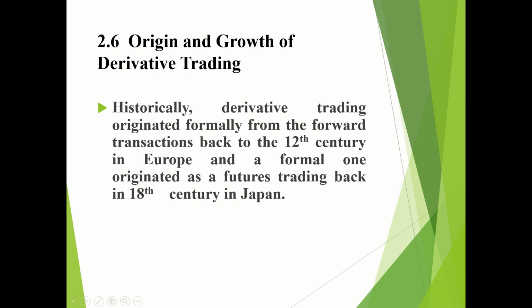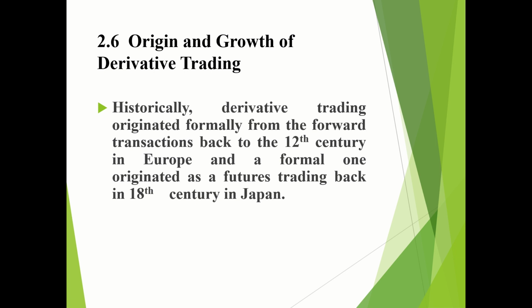And then berlaku inovasi in the derivative trading, maka inovasi ke? Evolution, alright, berlaku evolution in the derivative market trading, maka terciptalah the first futures contract which are traded in Japan, alright, rice futures, okay, futures untuk beras, rice, okay, itu adalah the first commodity.